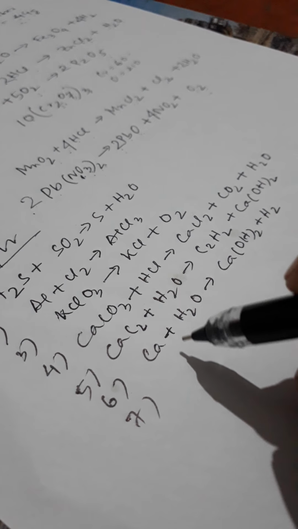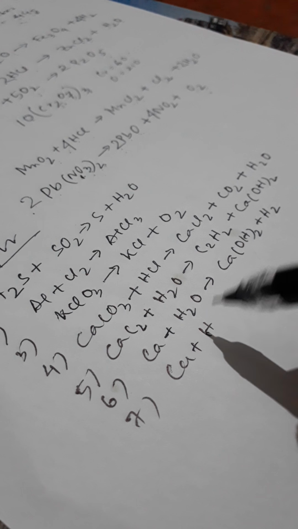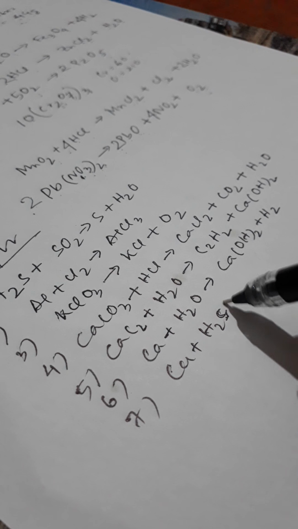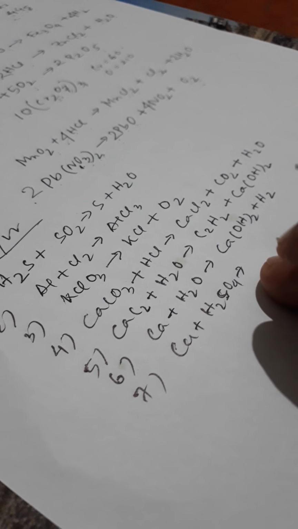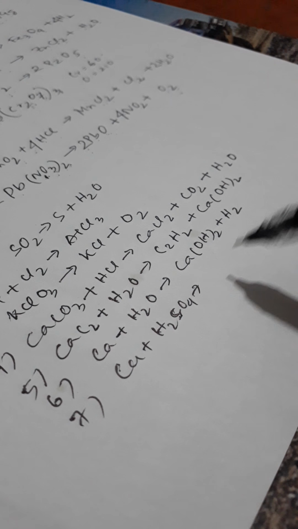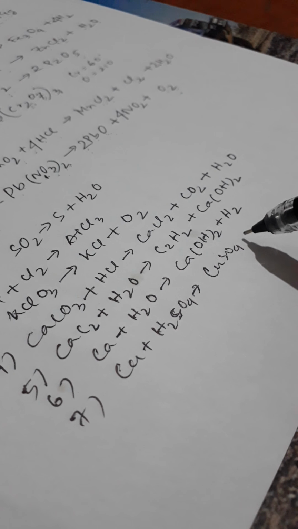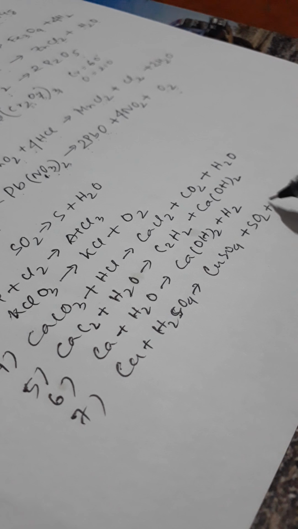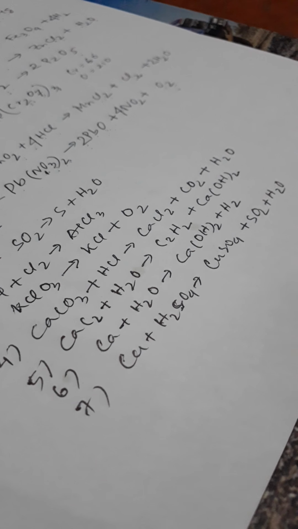Number 7, copper plus sulfuric acid gives copper sulfate plus sulfur dioxide plus water.